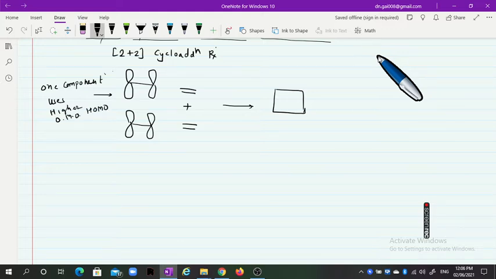And for the second component we consider the LUMO, that is, the lowest unoccupied molecular orbital. So the HOMO is considered for the first reactant and the LUMO for the second reactant in this FMO approach.